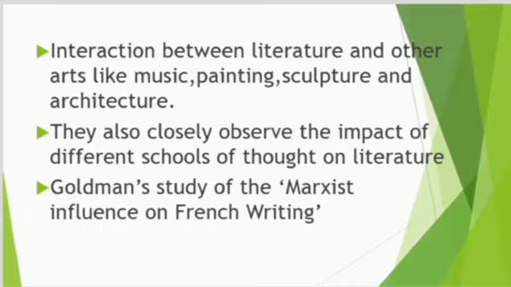Comparatists study the interaction between literature and other arts like music, painting, sculpture and architecture. They also closely observe the impact of different schools of thought on literature. For example, Goldmann's study of the Marxist influence on French writing may be cited as a good example.